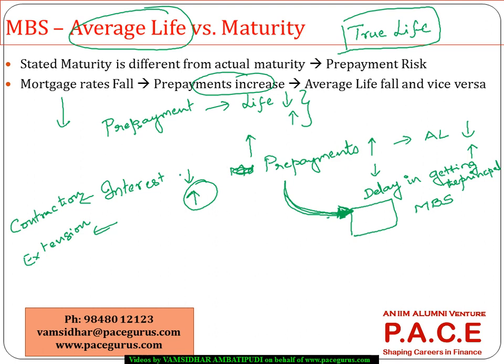Whereas if the interest rate is falling, as I have already indicated, the prepayments can typically occur, and because of this prepayment, though the investors are getting more and more of the principal, they don't know where to reinvest it, because they are forced to reinvest that money at lower interest rates, as the market prevailing rates have fallen drastically.